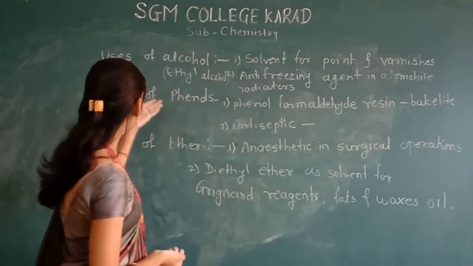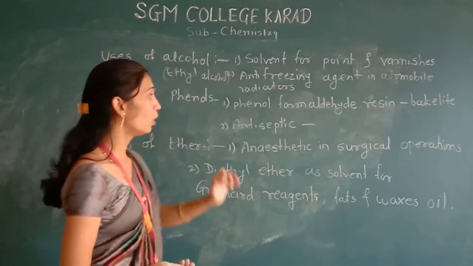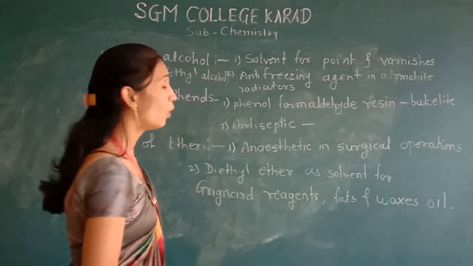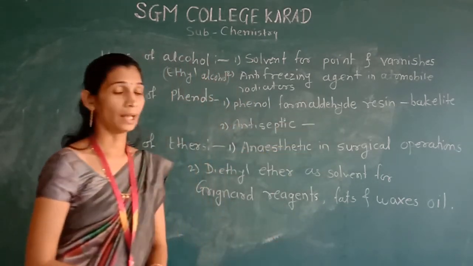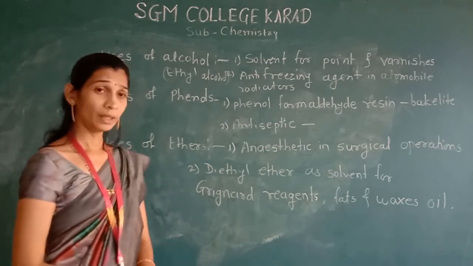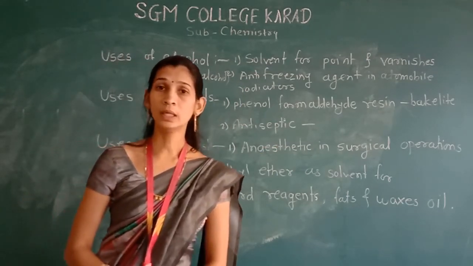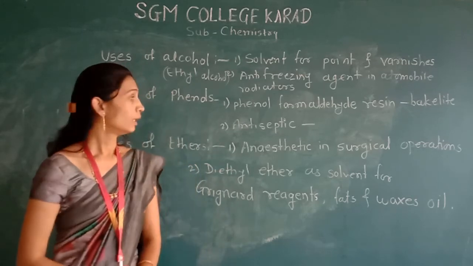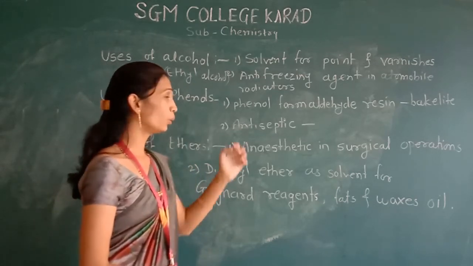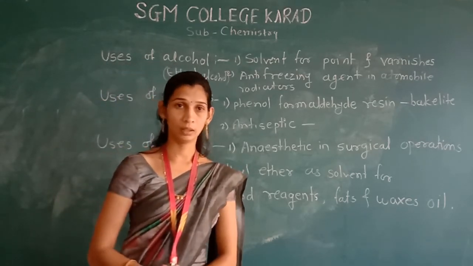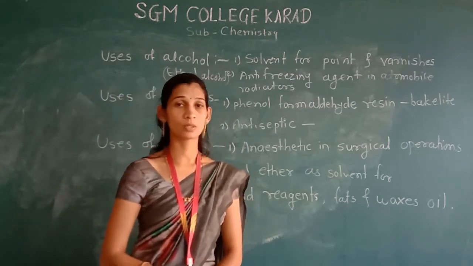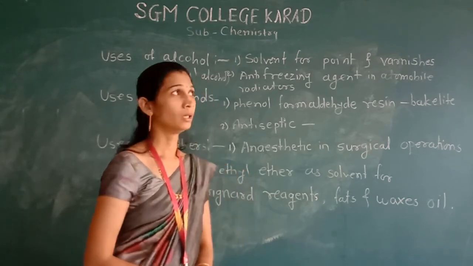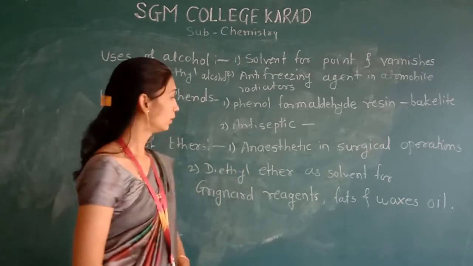The second is our phenol. Phenol is used for preparation of phenol formaldehyde resin like bakelite. Phenol is used as an antiseptic. It is also used in making mouth fresheners or different deodorants or different sprays.